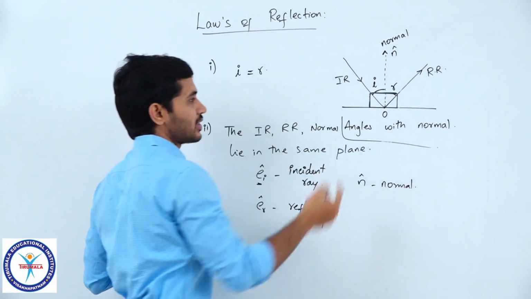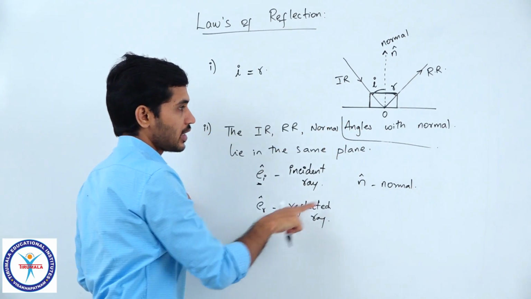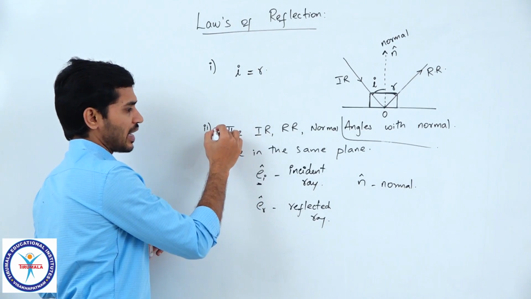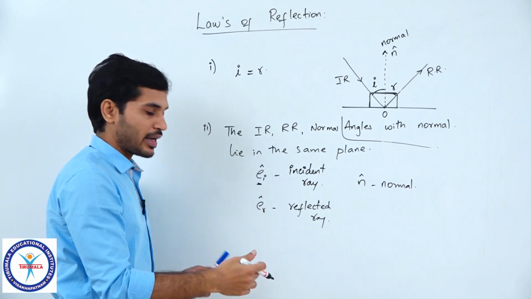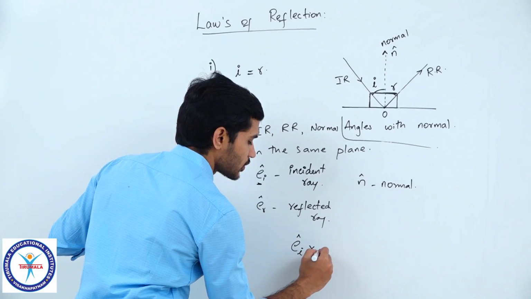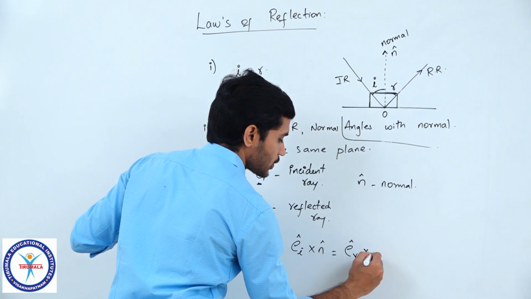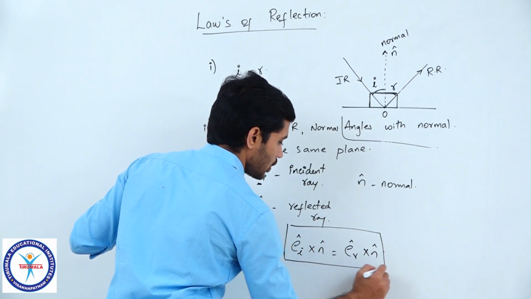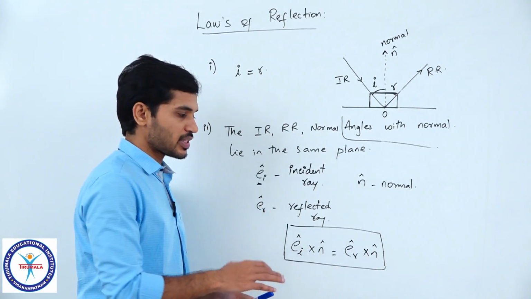EI cap is in this direction having a magnitude of 1, ER cap is in this direction also having a magnitude of 1. To represent the same thing, that all the three should lie in the same plane, mathematically I can write it like this: EI cap cross N cap is equal to ER cap cross N cap. So, this is a way of representing that all those three vectors should lie in the same plane. So, that is the basic idea.